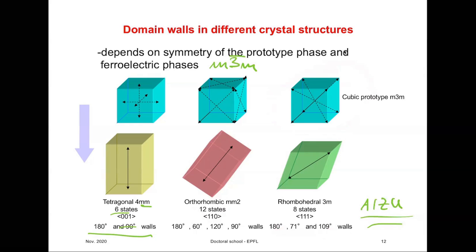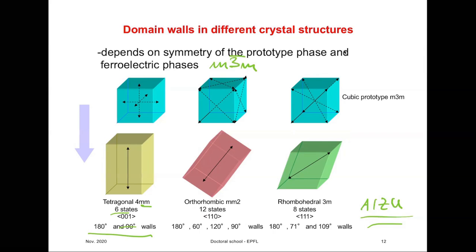It is possible that m3m also gives you monoclinic structures, which have been discovered in many of these more complex ferroelectric materials, not in barium titanate.